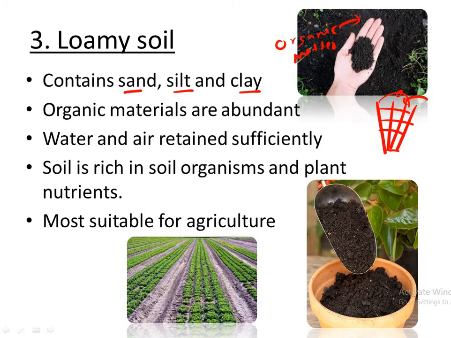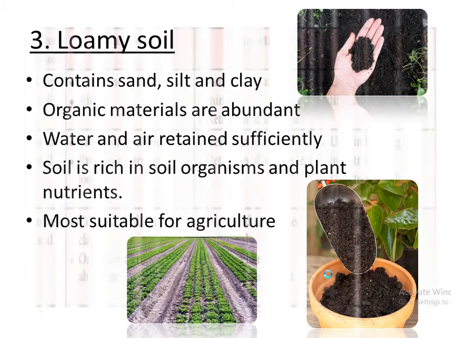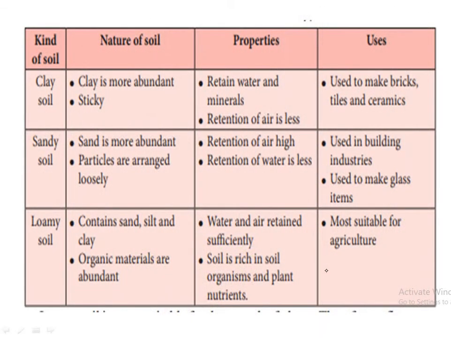And here we also are told that water and air are retained sufficiently. Therefore, it is used a lot for agricultural purposes, and this is the type of soil we normally find in pots. So anyway, that's basically it under those three types of soil.